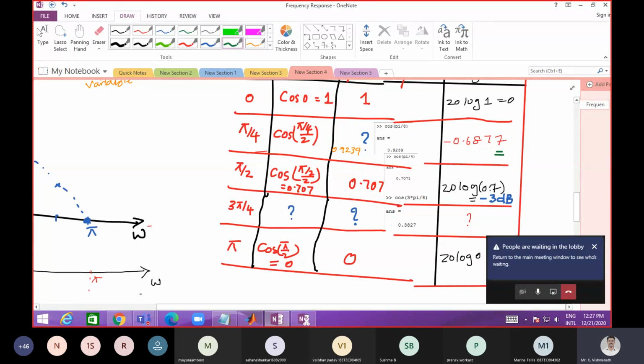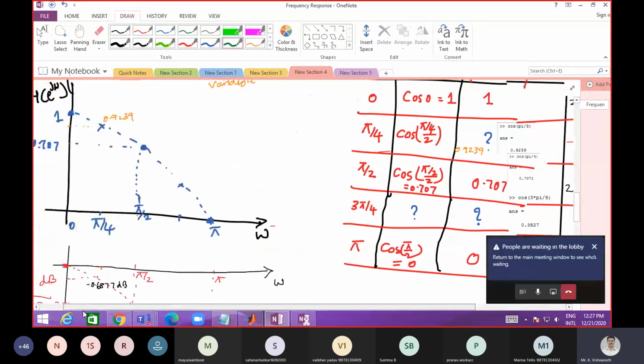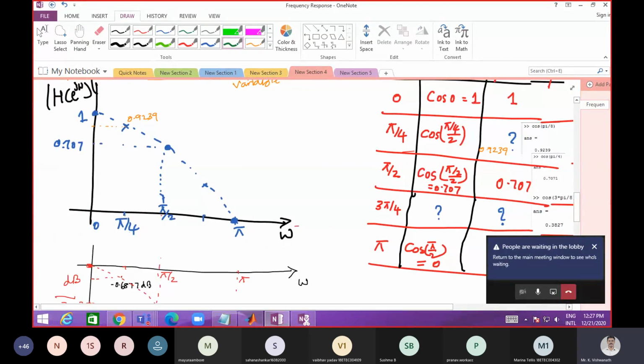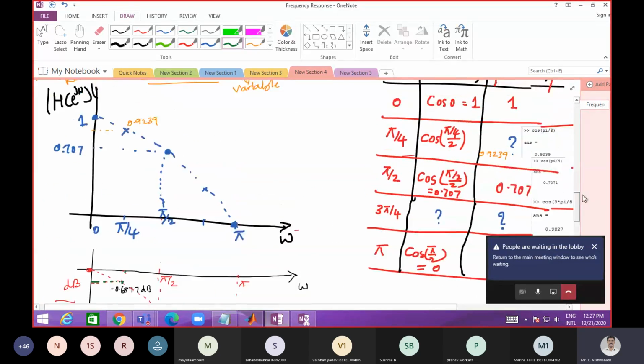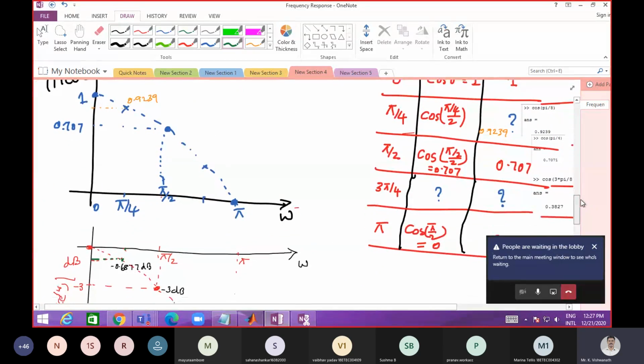So that we'll plot it here. So at pi by 4, on the decibel scale, it is minus 0.6877. We have plotted the same thing. Like this, we complete all the values, we'll plot them, and we get the two curves, that is the absolute curve and the decibel curve.